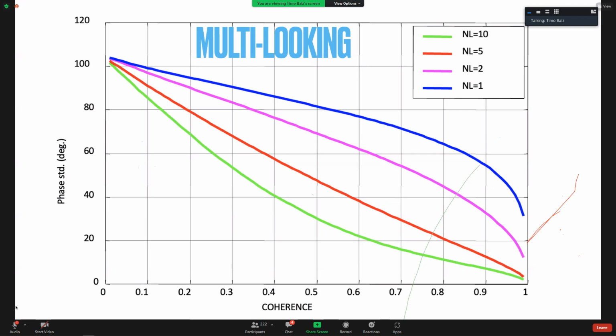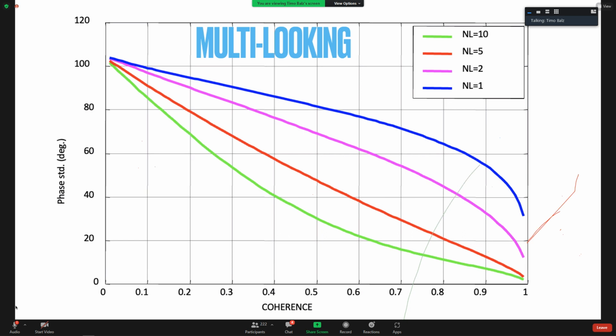So it's just a few looks, just reducing the resolution by 5 looks or 10 looks, and you already get a much better phase error behavior. The reason, again, is the speckle effect. The speckle effect is very strong on the phase.